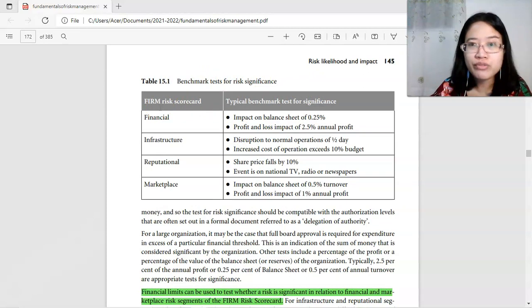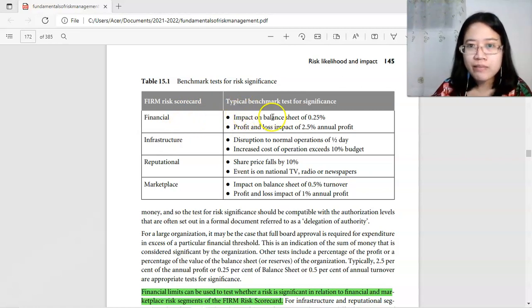Okay, benchmark test for risk significance. Ang ginamit nila dito ay firm risk scorecard. Again, yung firm is financial, infrastructure, reputational, and marketplace. Okay? Yung typical benchmark test for significance, again, this is just suggested benchmark. It would still depend on the company if this is the same for them or acceptable.